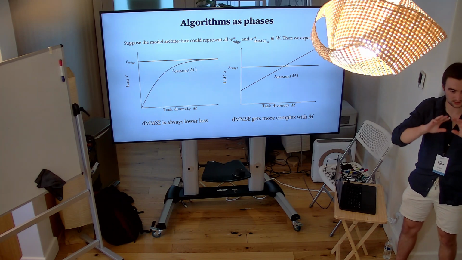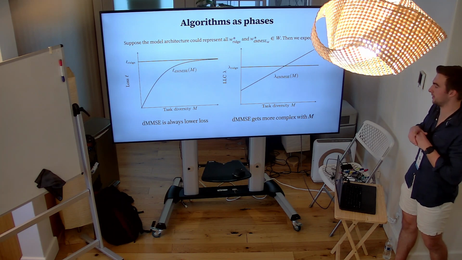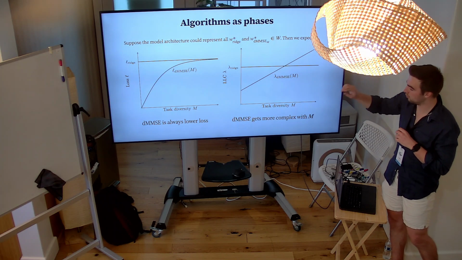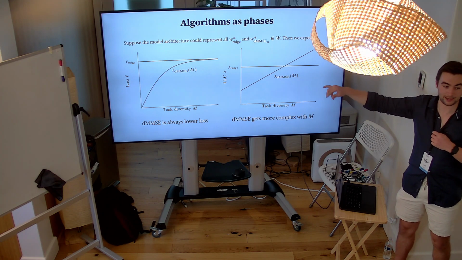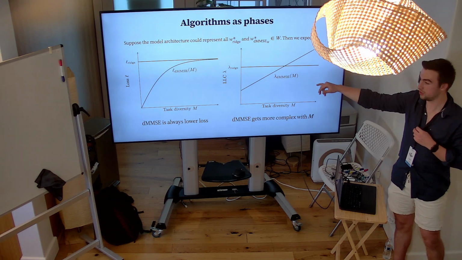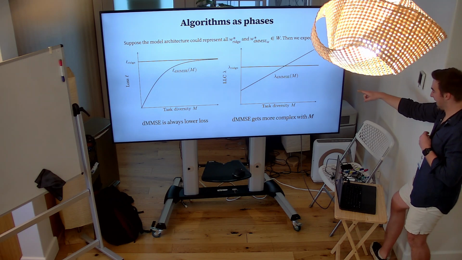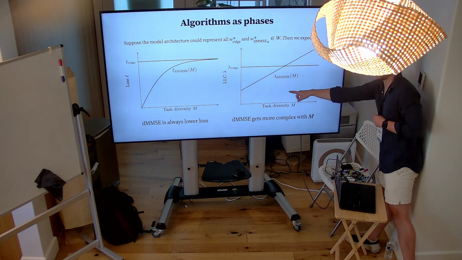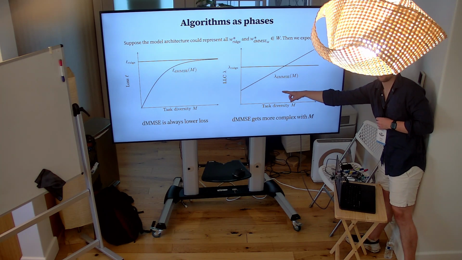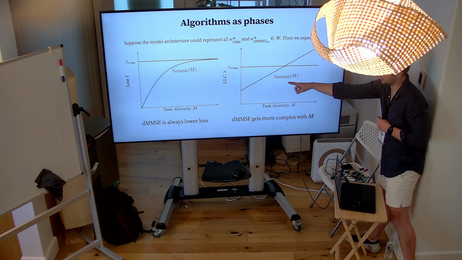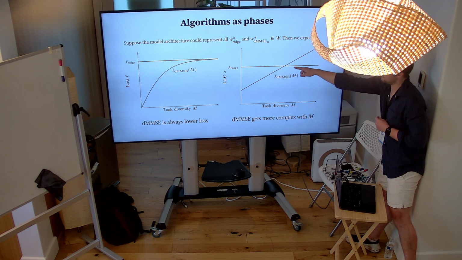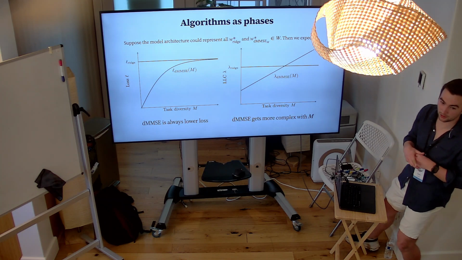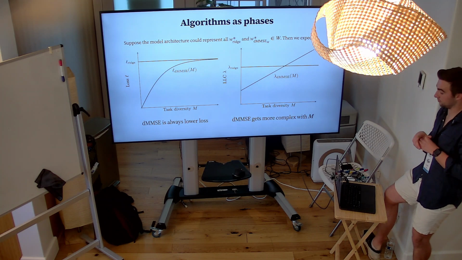That's not the case, but just suppose for argument's sake. Then we would imagine that DIMS is always going to be a better solution than Ridge, but as you increase the number of tasks that you memorize, its complexity, its local learning coefficient, is going to increase past some value of lambda for Ridge.